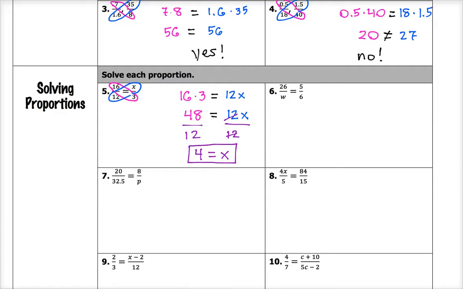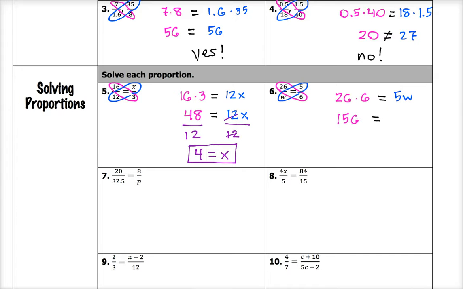Okay, number 6. We're going to take the cross product of 26 times 6, and set that equal to the cross product of 5 times w. 26 times 6 is 156.